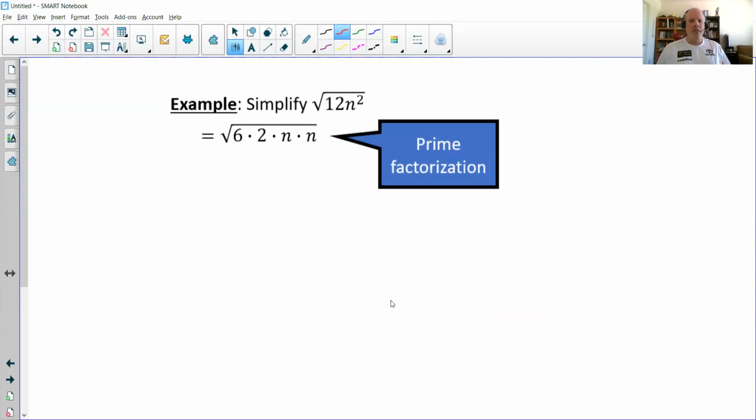So what we can do is we can factor everything in the radicand until we break it down into prime numbers, which is called prime factorization. So if we take the 12, we can break that 12 down into 6 times 2. We can break down the n squared into n times n.